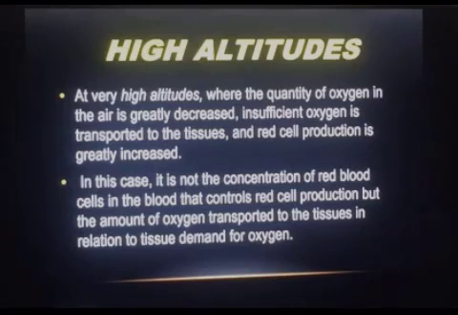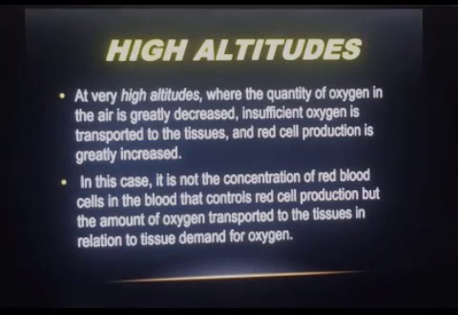But if with the same number of RBCs, this person is shifted to a high altitude where the oxygen concentration is low, the RBC numbers are not enough to supply the required amount of oxygen to the tissue. So the patient easily becomes dyspneic at high altitude.